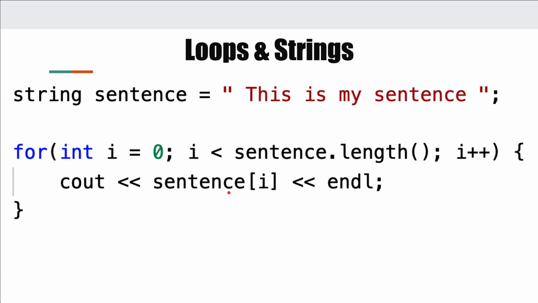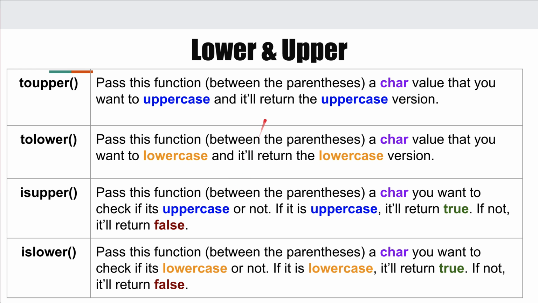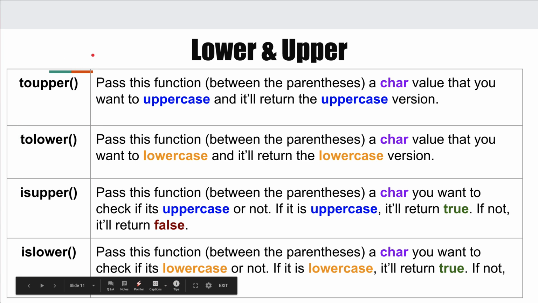So to recap a little bit, I know this is a for loop, it's a little more applicable, but we're going to start trying to bring a lot of these separate things we've been learning together. Let's get them to work together. We've got lower and upper. This is something you're really going to need for your quick code, which we're going to talk about coming up. Here are 4 more built-ins to the C++ language that are going to be super important.